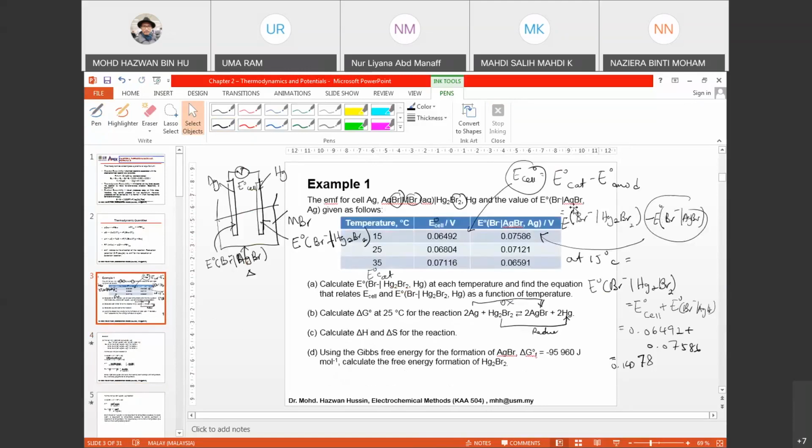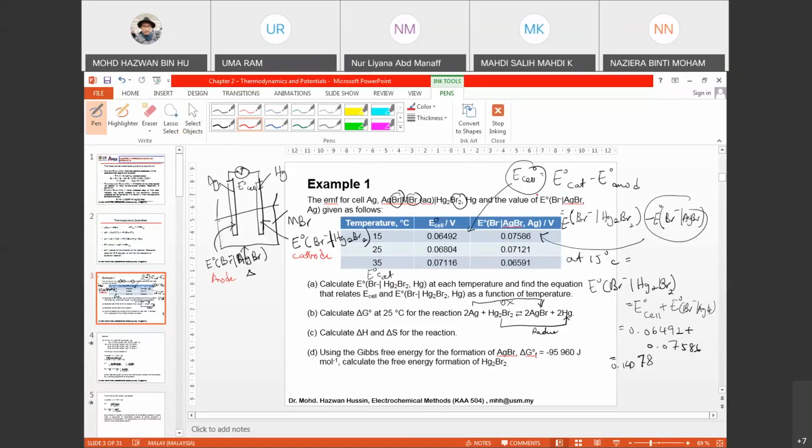So this is how you get the E naught for the cathode at 15, 25, and 35 degrees C. I didn't show the calculation here, I just show the values, but more or less it's like this. It's not that difficult to understand, because according to this reaction, Ag to AgBr is the oxidation process, and Hg2Br2 to Hg is the reduction process. The given potential is the potential of the anode.